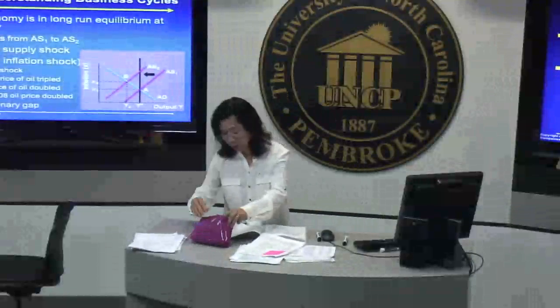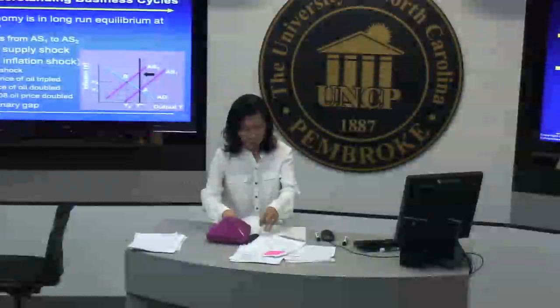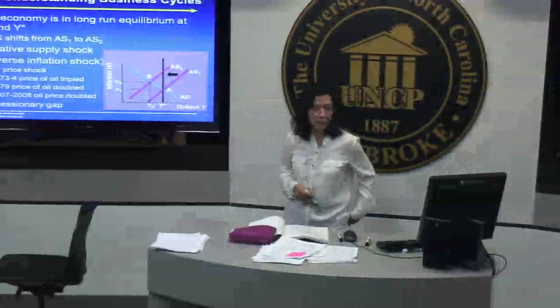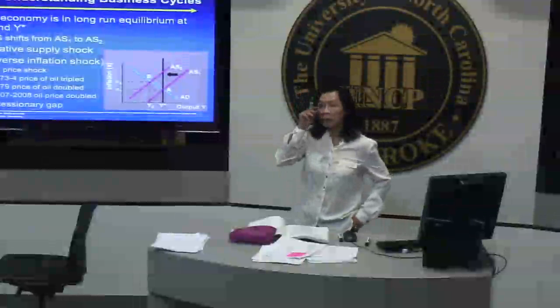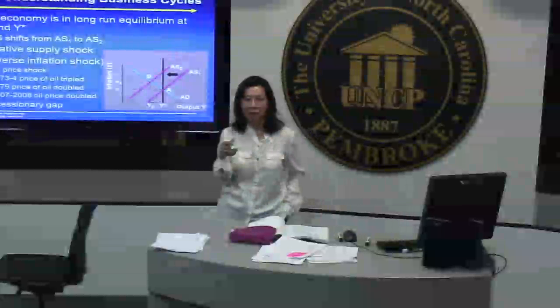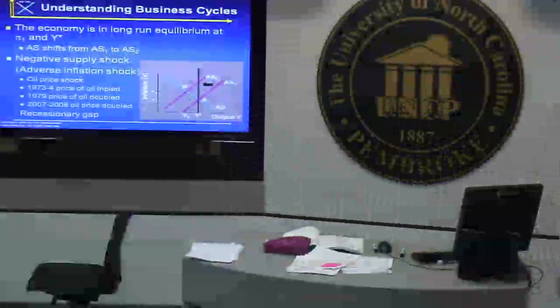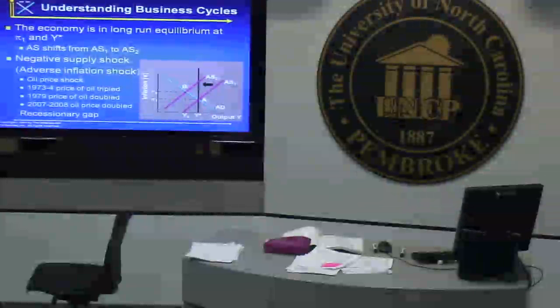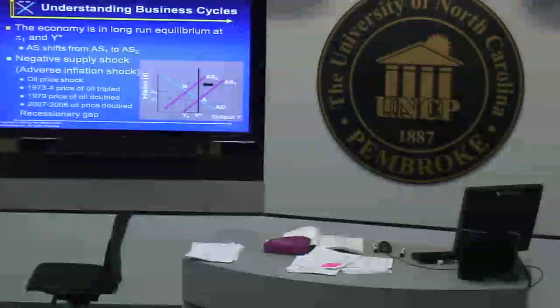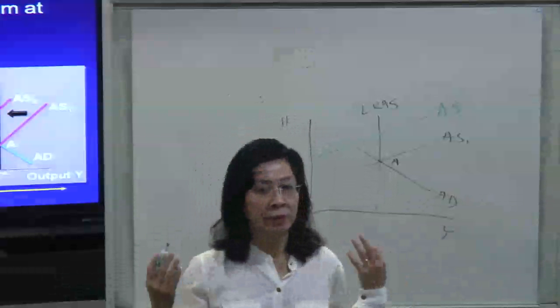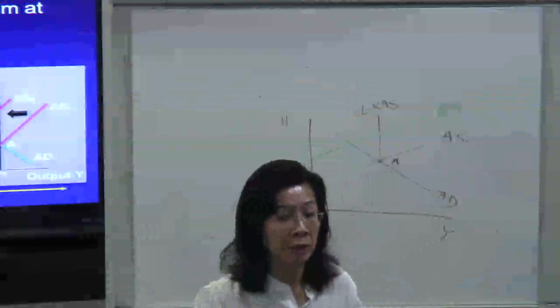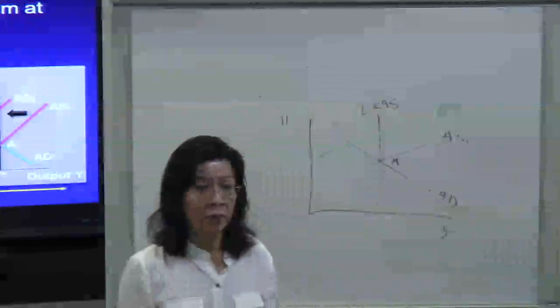Okay, see if I have a red one. I don't. I have to use a green one. Oh, okay, never mind. Now, remember we talked about two kinds of inflation shock. So if you move the AS curve up, is that good? Meaning that your inflation is higher. So this is a case of an adverse inflation shock.